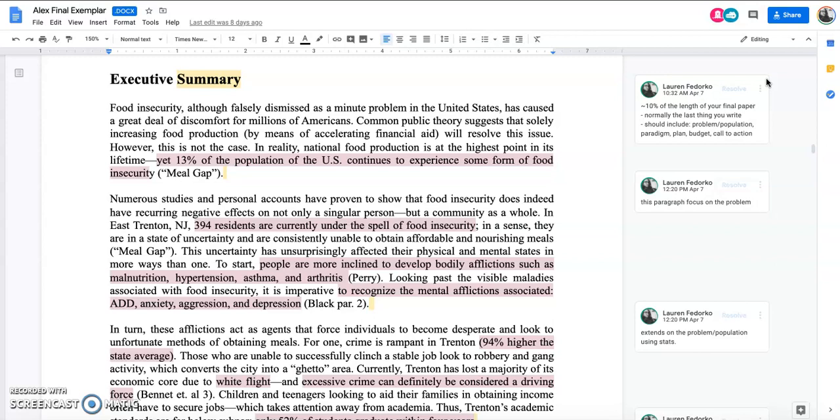So I oftentimes will have a lot of students ask, this is kind of weird. I feel like I'm being redundant, or I'm using the same quote that I used in my introduction, since it's for a different audience. Is that okay? The answer is yes, it is okay. So for instance, if we're looking at Alex's, he has this paraphrased citation and it says, yet 13% of the population of the US continues to experience some form of food insecurity.